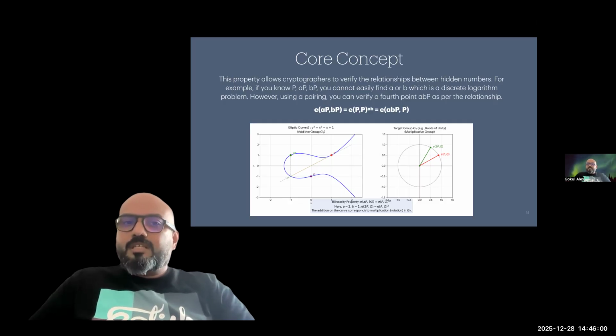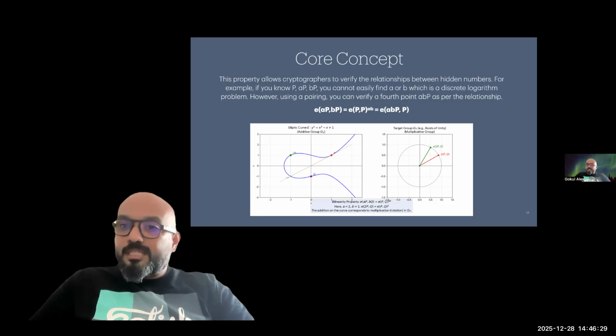Let's say we know there is a point P, and another point, the multiple of the point P with a scalar A, and another point, the multiple of the point P with a scalar B. It's not easy to find A or B. That's a discrete logarithm problem.